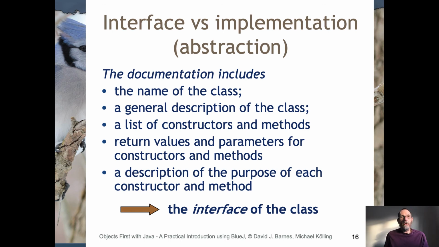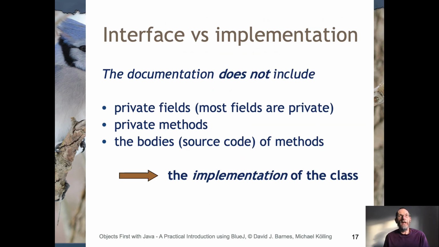What it doesn't include is any detail of the implementation, or rather you might get some description in the class description at the beginning of the documentation, but in general it's not revealing anything about the low-level private elements of a class. So if a class has private fields or private methods, they're not described in the API documentation. So we don't look for those elements in the documentation.